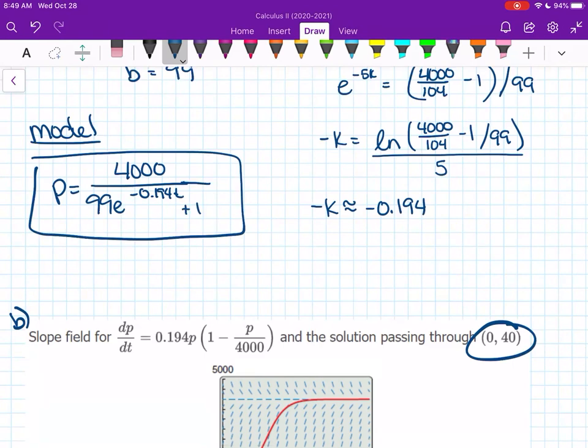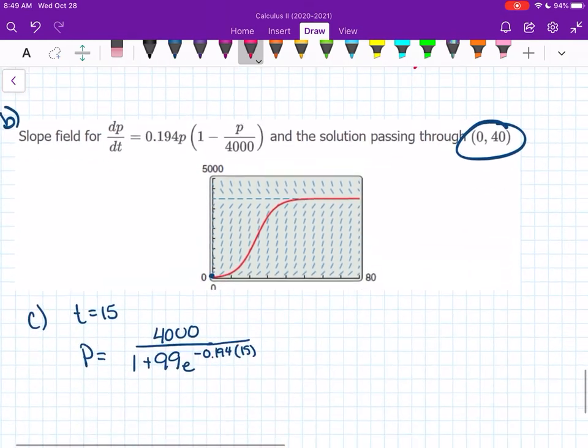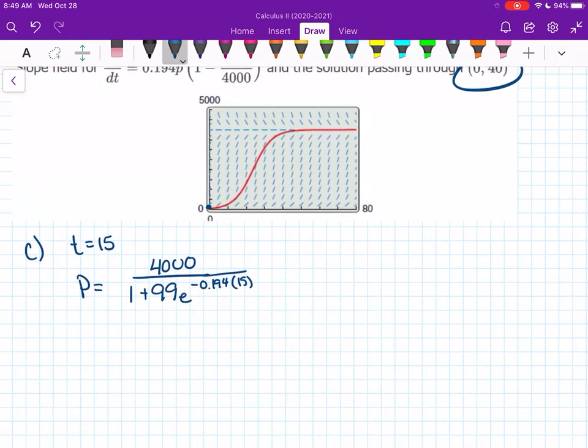And I would recommend you store the value that you found for your k so that you can make sure that you are rounding appropriately when you get to problems where you have to estimate the populations. So once you do that, you should get 626 elk after 15 years.